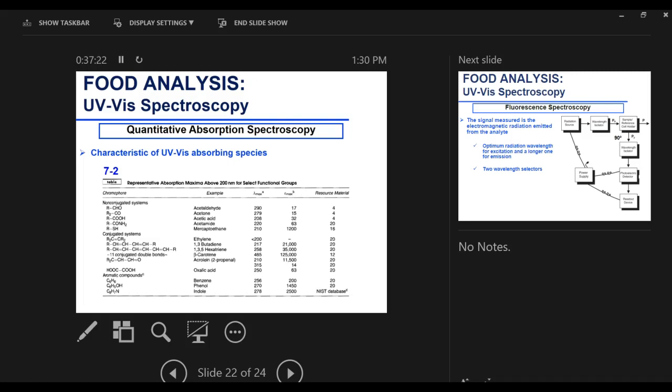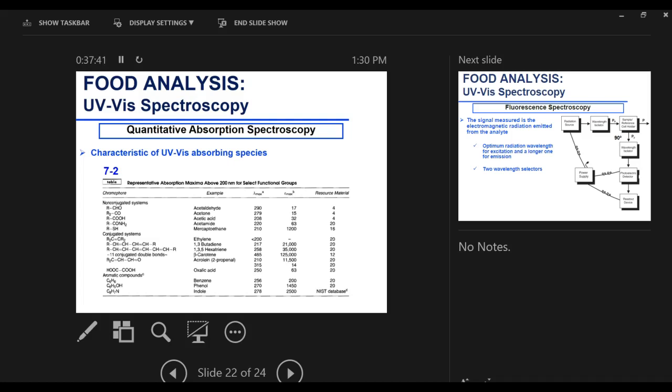For a lot of the different groups, you can find absorptivity values because they've been determined, and the lambda max has been determined in literature. So, depending on what you're measuring and what functional group you have, you can determine what the absorptivity would be.